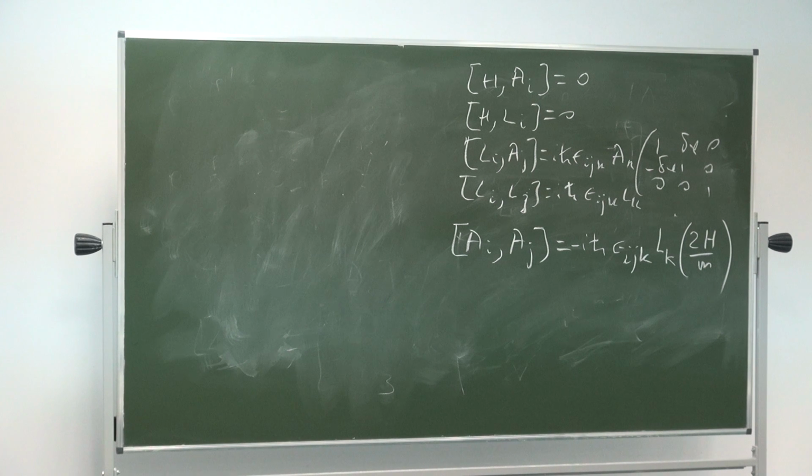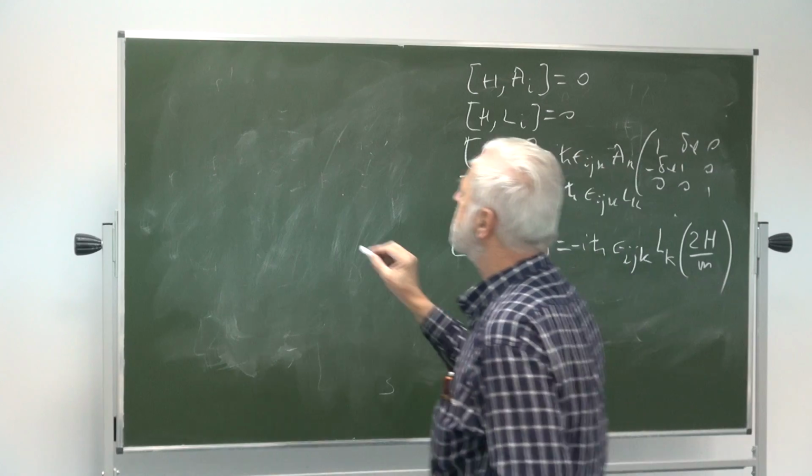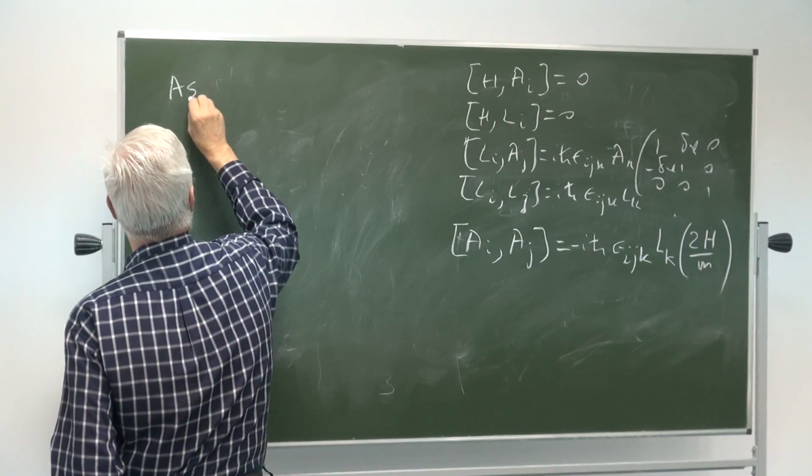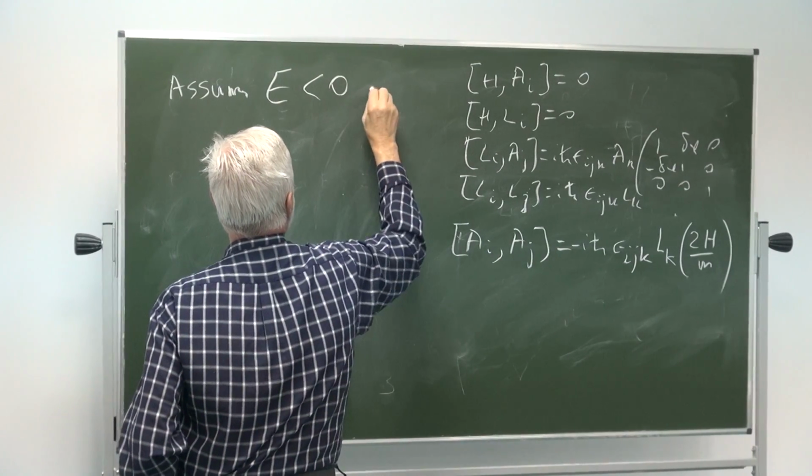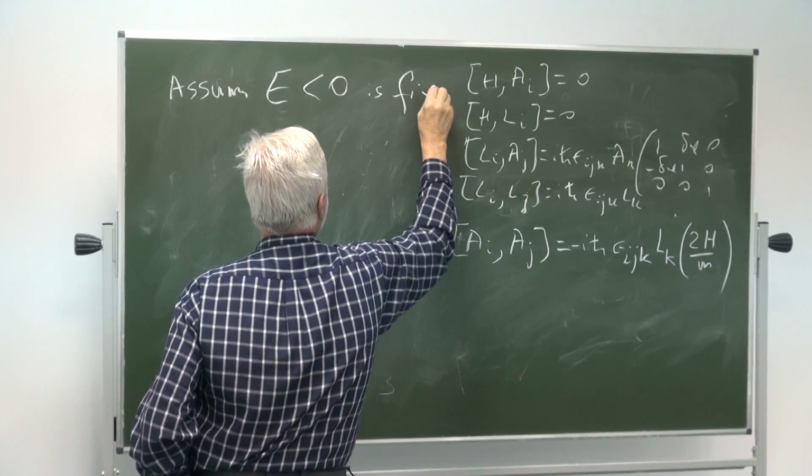So I can restrict my attention, instead of, again, looking at it in full generality at all the Hilbert space of states of a hydrogen atom, to the subspace of a given energy. There is still a multidimensional space, and I can think of working in this subspace. So in other words, assume that energy is fixed.